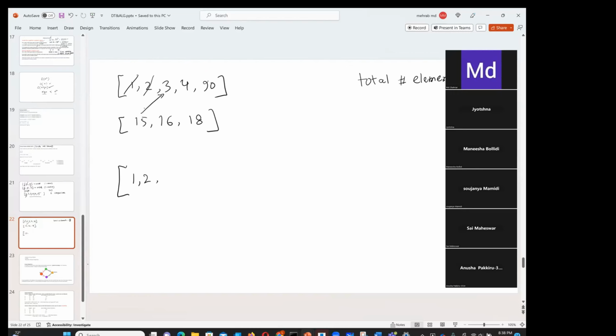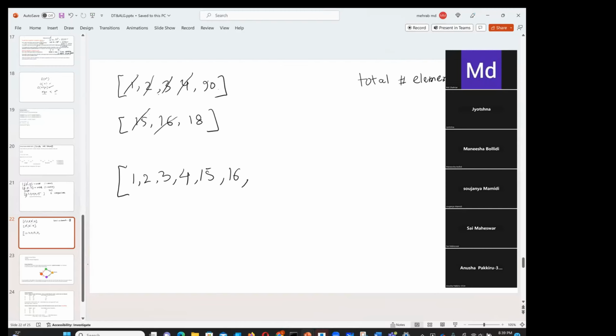15 and 3, right? 3 is gone, so I move the candidate; 15 is still the candidate. So I'll go to 4. Now, next candidates, 15 and 90. This time 15 comes here. Next candidates, 16 and 90. 16 is gone.